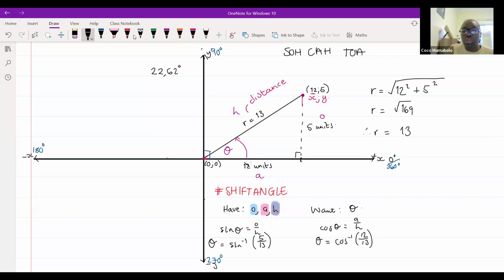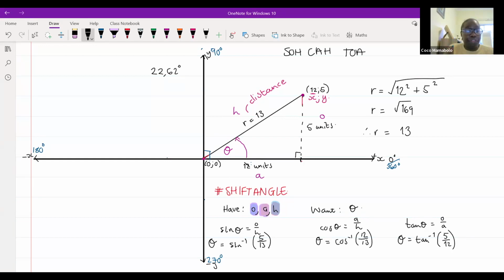I can also choose to use tan, because if I use opposite and adjacent, then tan of theta is equal to opposite over adjacent. Therefore, theta is equal to arctan, or shift tan, of 5 over 12.